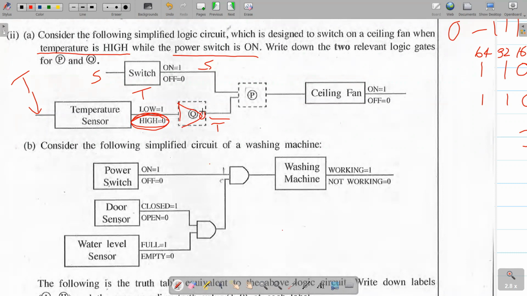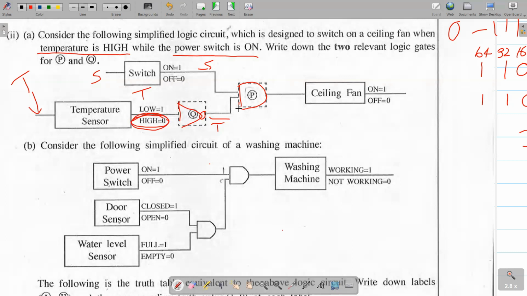Right, and to activate the ceiling fan, you need both conditions, so this is going to become an AND gate. Then S and T bar will be multiplied together for the ceiling fan to operate.